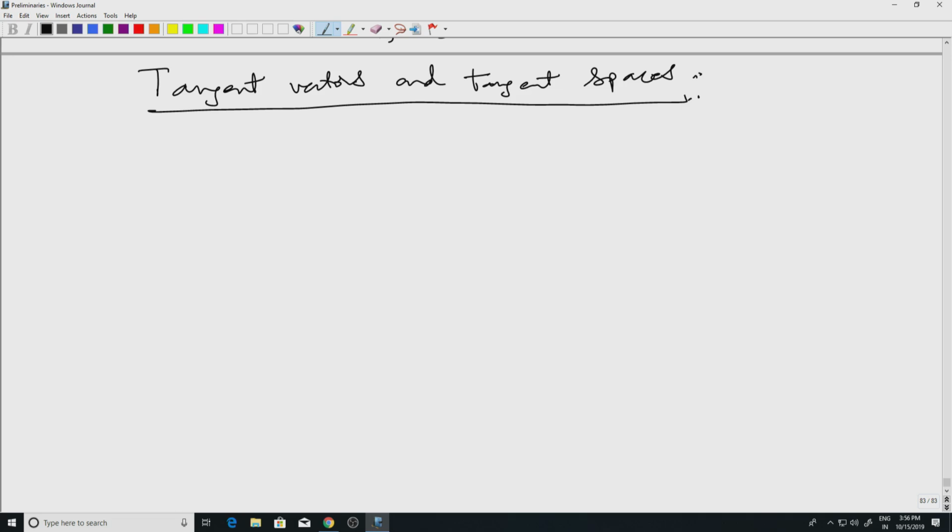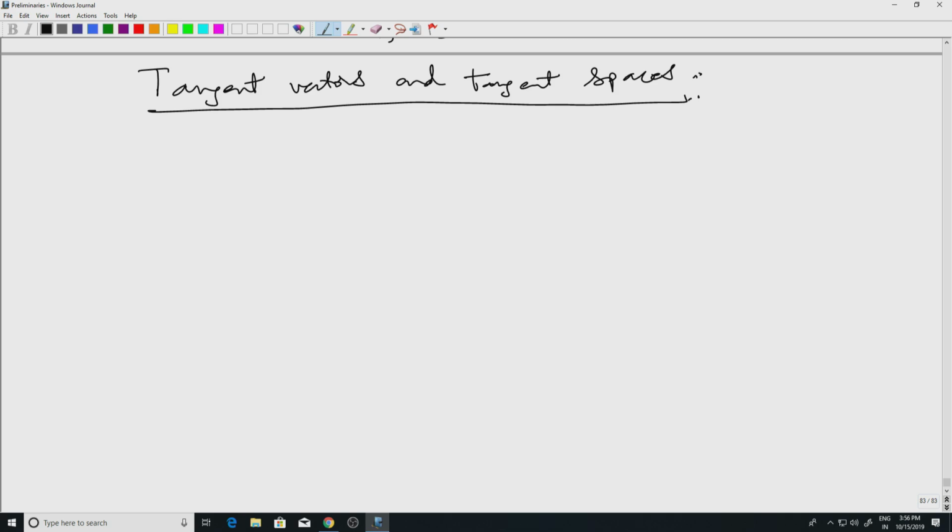Locally, of course, we know that it's homeomorphic to Euclidean space, but overall, the whole set need not be a subset of any Euclidean space. So one cannot use the Euclidean space in any essential way while talking about tangent vectors. So some amount of abstraction is inevitable.